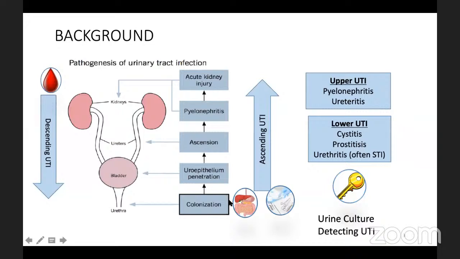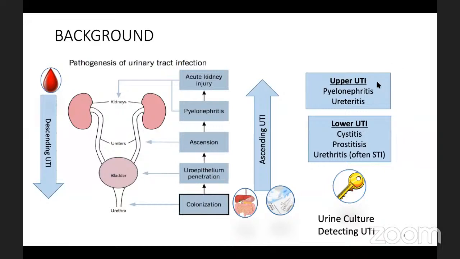Ascending UTI is elicited. So it starts by colonizing the urethra, going up to the bladder, and then you get cystitis, going up to the ureters, where we get ureteritis, and then climbs up to the kidney, where we can get kidney injury or pyelonephritis.